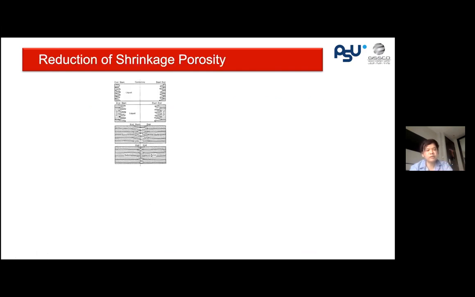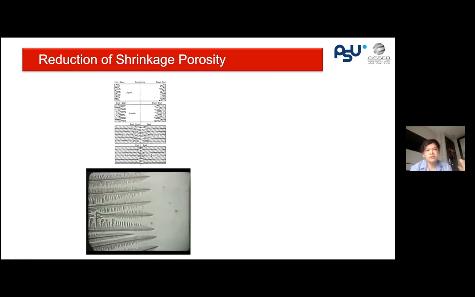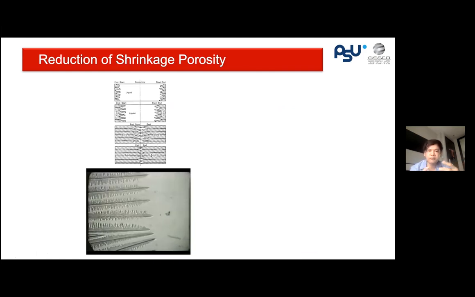But another porosity that we find is shrinkage porosity. And this is because of the nature that liquid will solidify at the wall normally because of the cold surface. And then we have dendrites coming in, and then eventually we have a network of shrinkage porosity that will give the leak path.